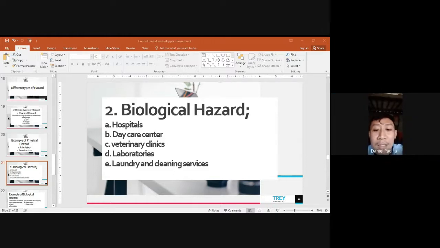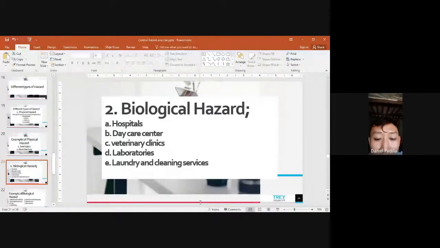A biohazard could also be a substance harmful to other animals. For example, ang biological hazard ay matatagpuan sa hospital, daycare center, veterinary clinics, laboratories, laundry and cleaning services.